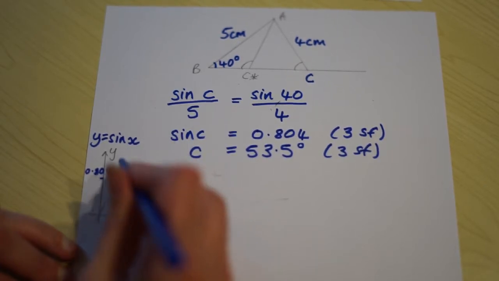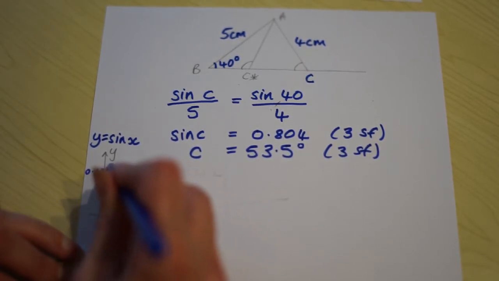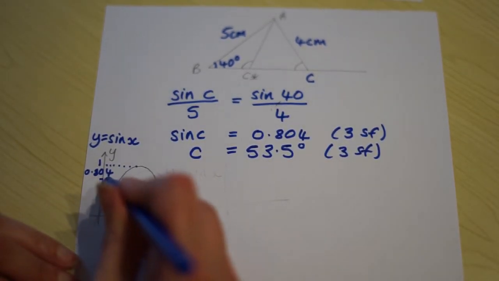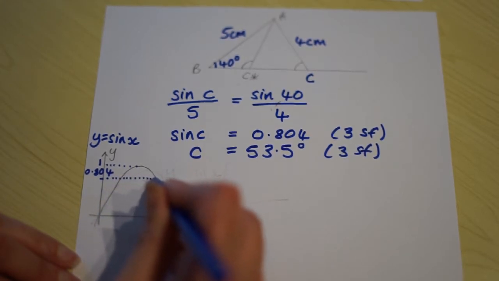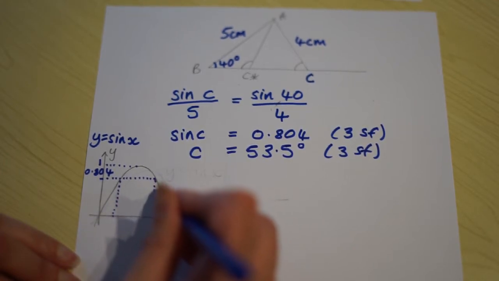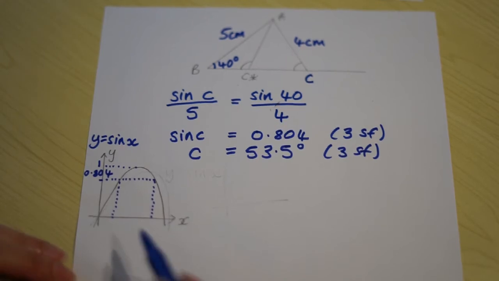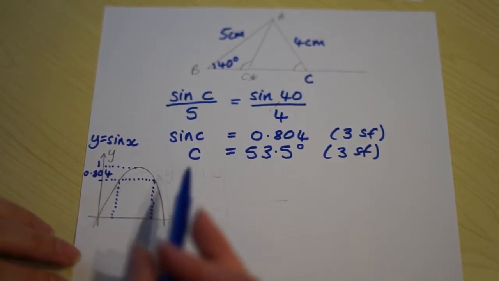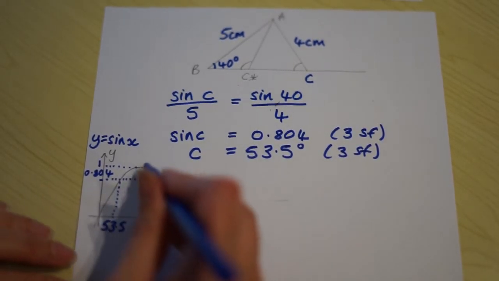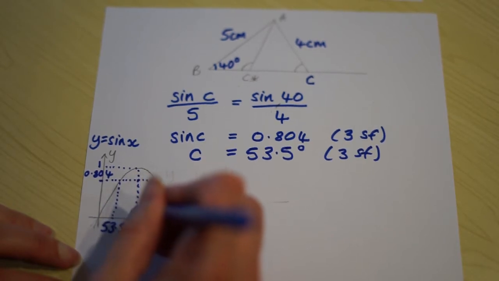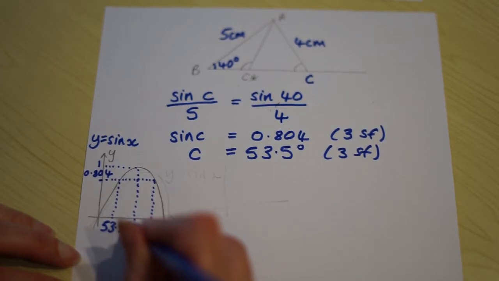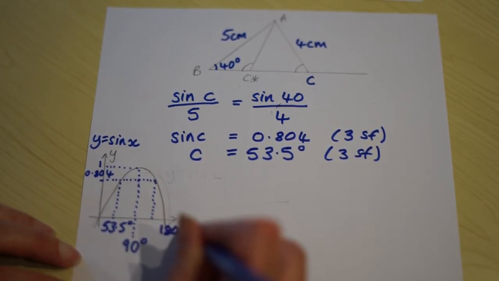That's roughly around there if you consider the fact that the maximum value of the sine graph is 1. So let's trace that across so that we can see possible values for the angle that corresponds to it. We've calculated 53.5 already. And let's map out other points on this graph. This is 90 degrees. This is 180 degrees.